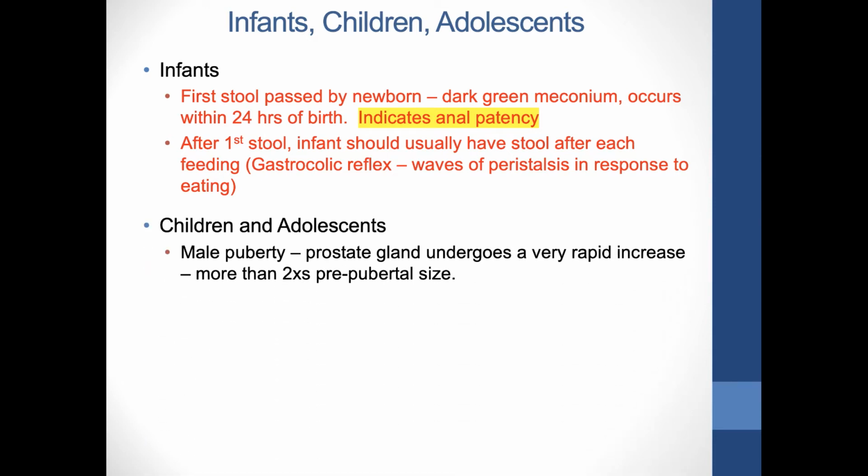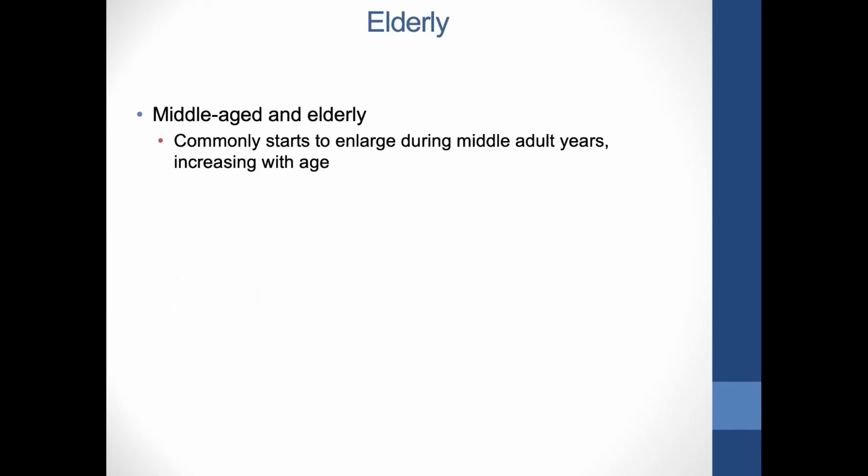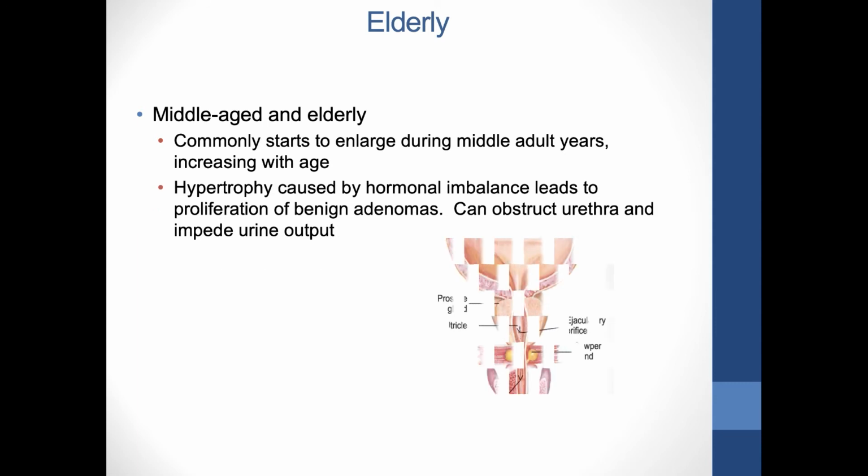In children and adolescents, the males at puberty, their prostate gland starts to grow pretty rapidly. It's more than 2 times its size once it finishes growing, and then the size remains constant during young adulthood. With elderly patients, the prostate can start to enlarge during the middle adult years and then continues to increase with age.